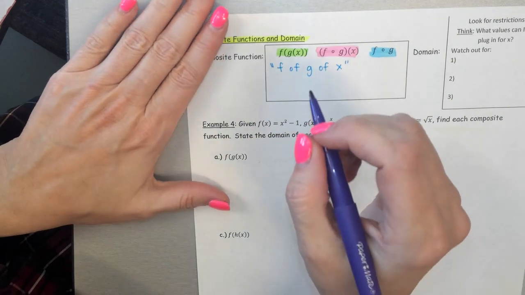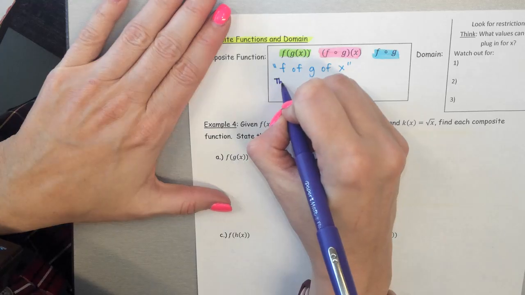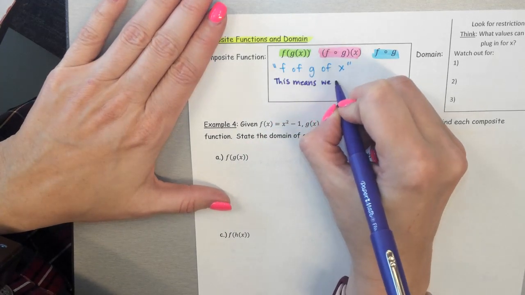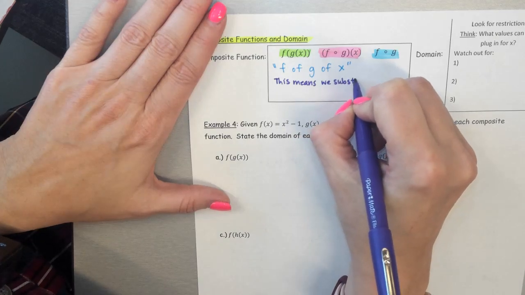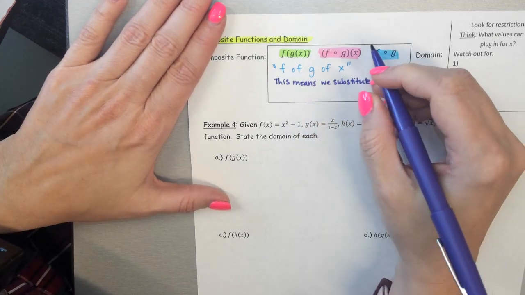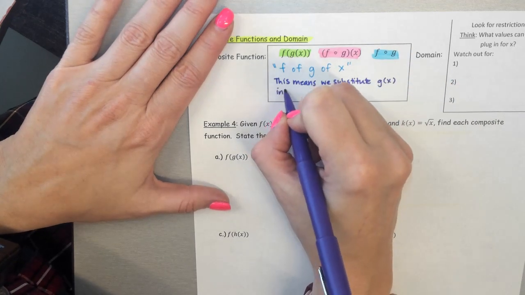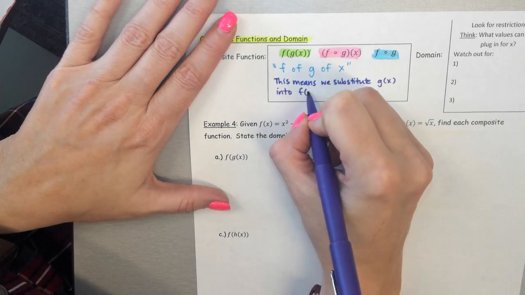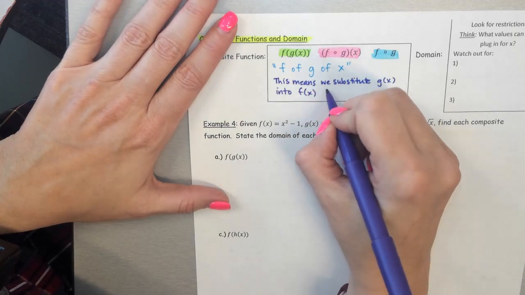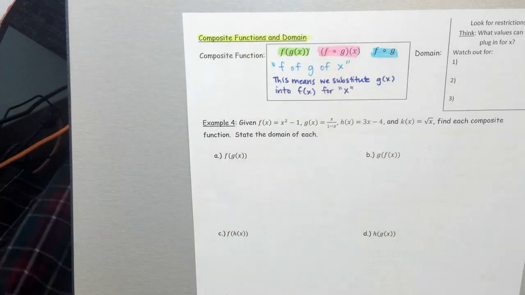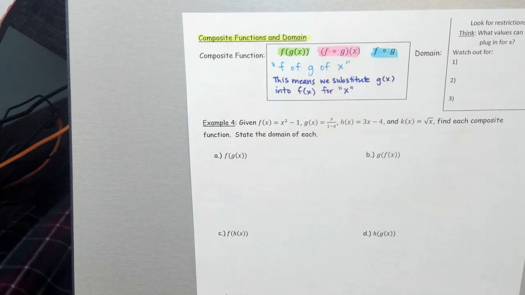It means we're going to substitute g of x into f of x for x, okay, for the variable.